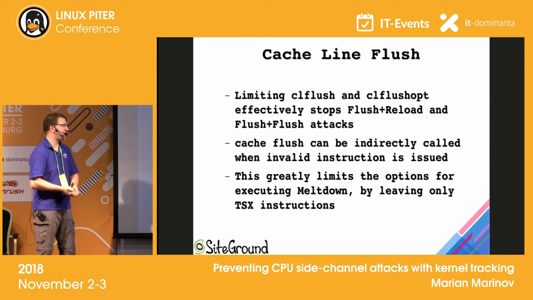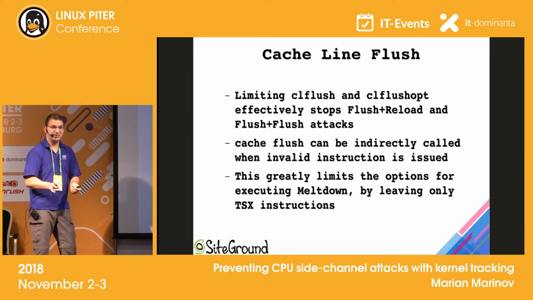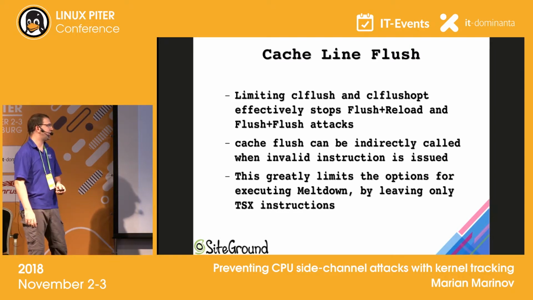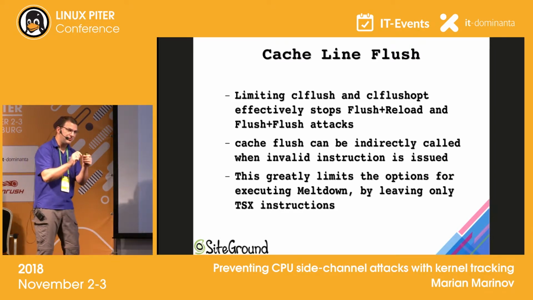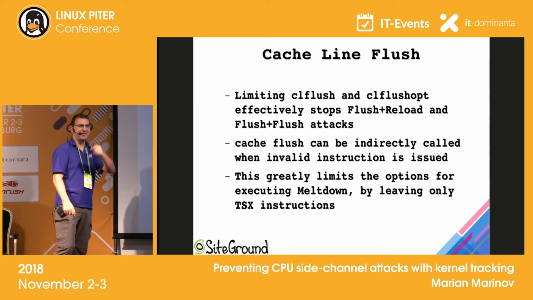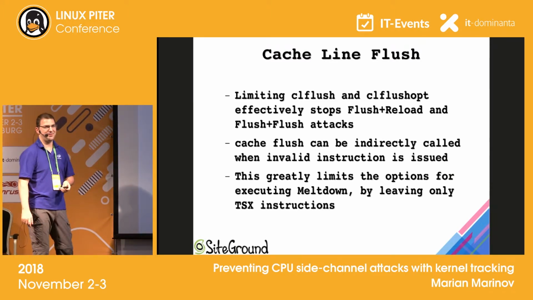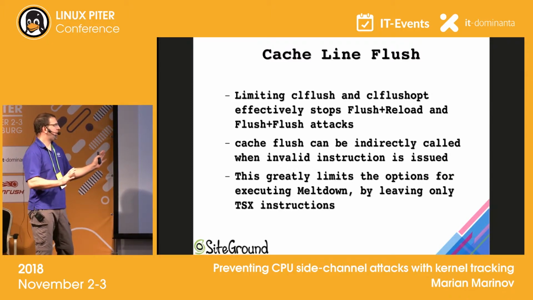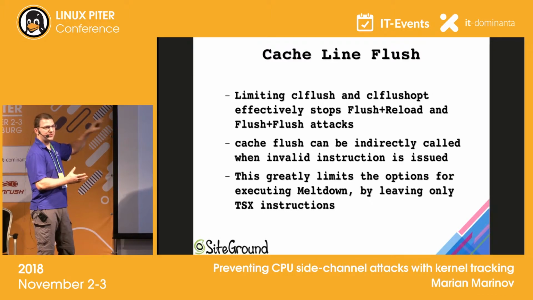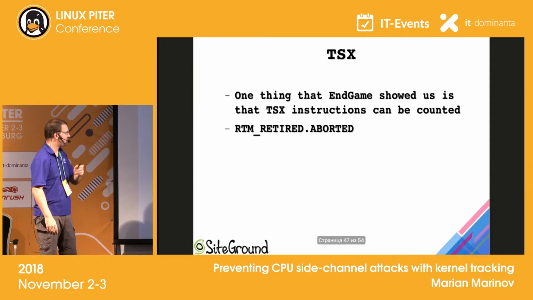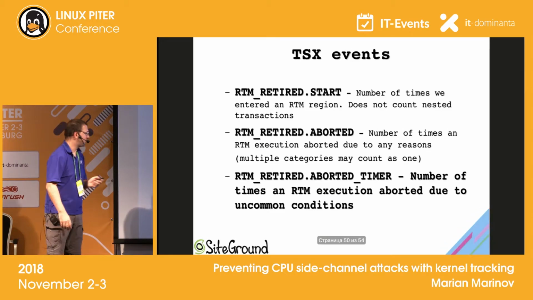The only easy way is to create a virtual machine, and in that virtual machine, capture the CLFLUSH and CLFLUSHOPT. Unfortunately, if you issue an invalid instruction, it will implicitly run a flush of the caches. So I have given a lot of links at the end of this presentation. If you have any questions, I would be happy to answer.